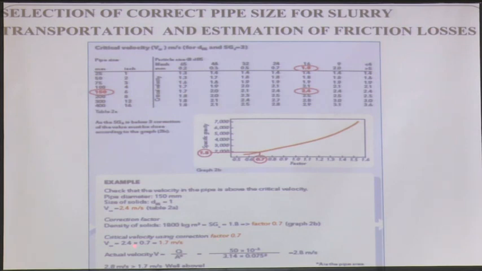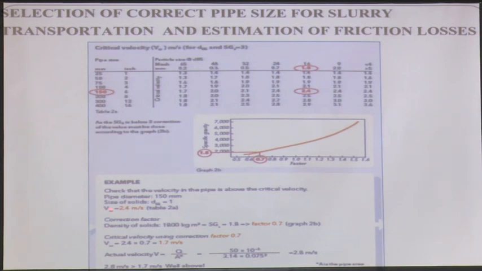And then the critical velocity of the slurry, they say that you have to make a correction on that actual transport velocity. What is that correction? You have to multiply it by a factor which depends on the specific gravity of the solids. So, there is a curve. You pick up the specific gravity and against that the correction factor.